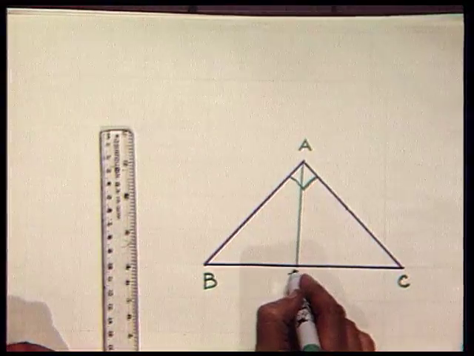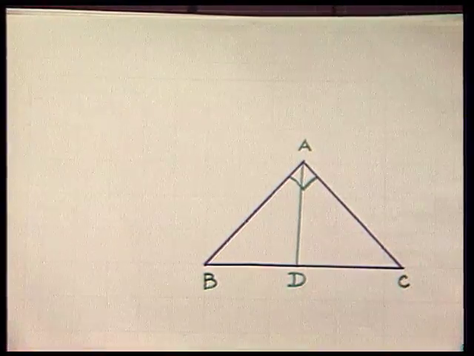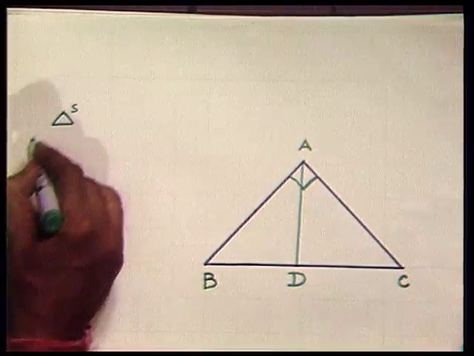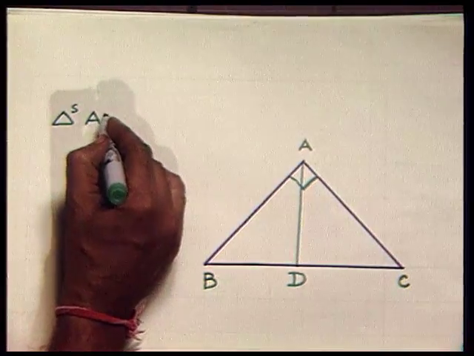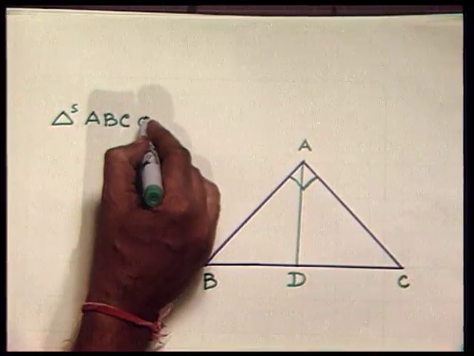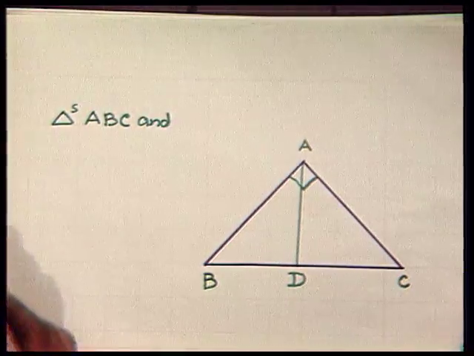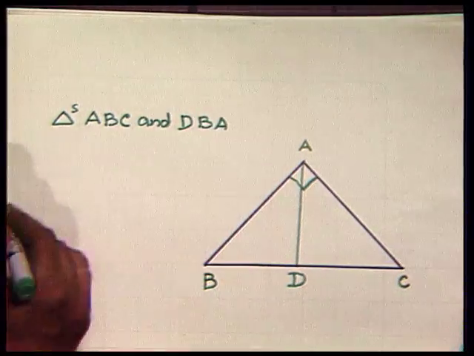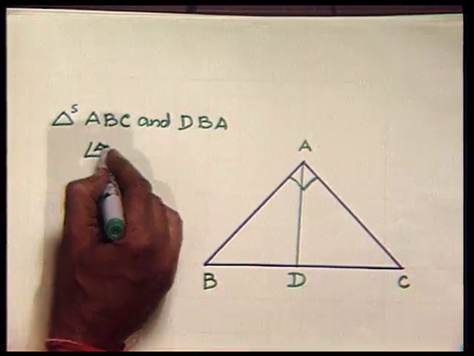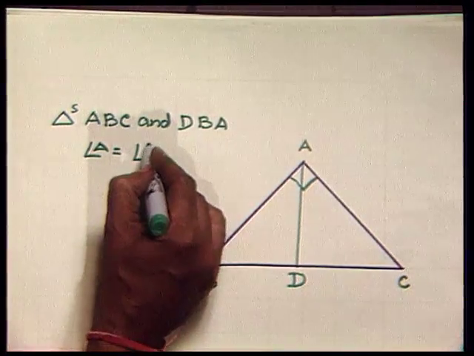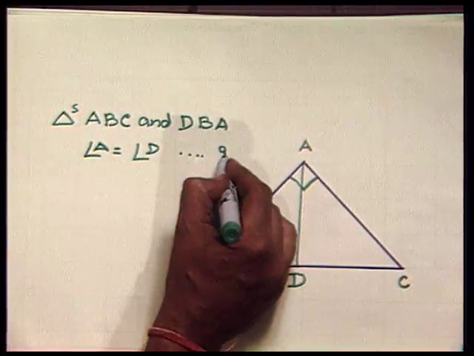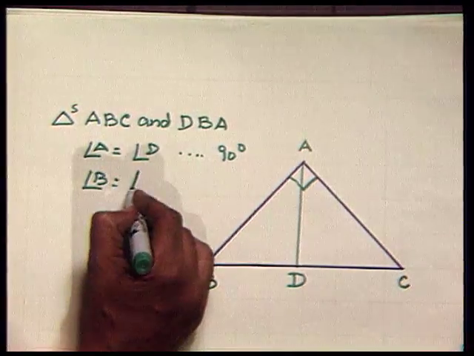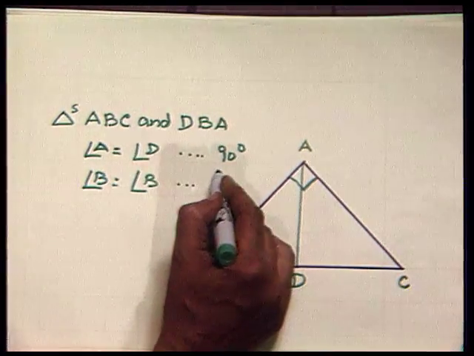Let us name this point as D. Now, considering the triangles ABC and DBA, we find that angle A is equal to angle D, each being 90 degrees, and angle B is equal to angle B, common to both.